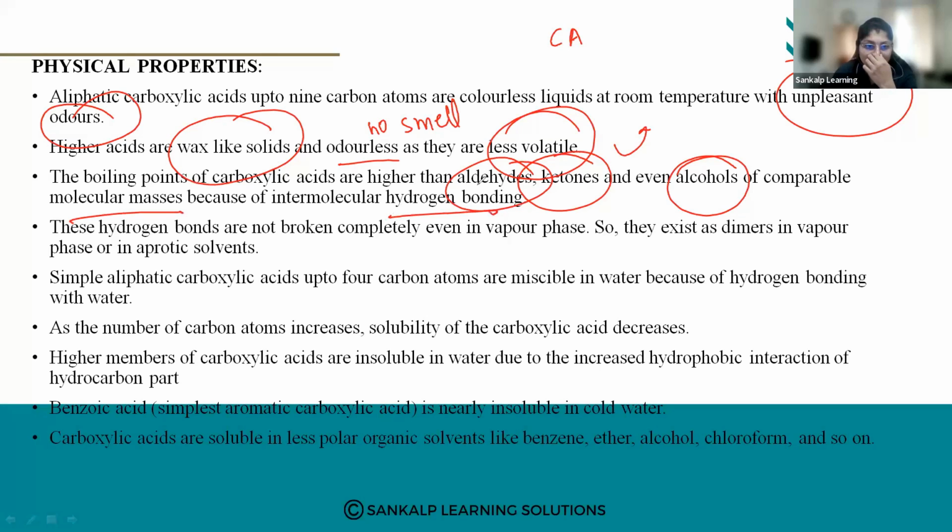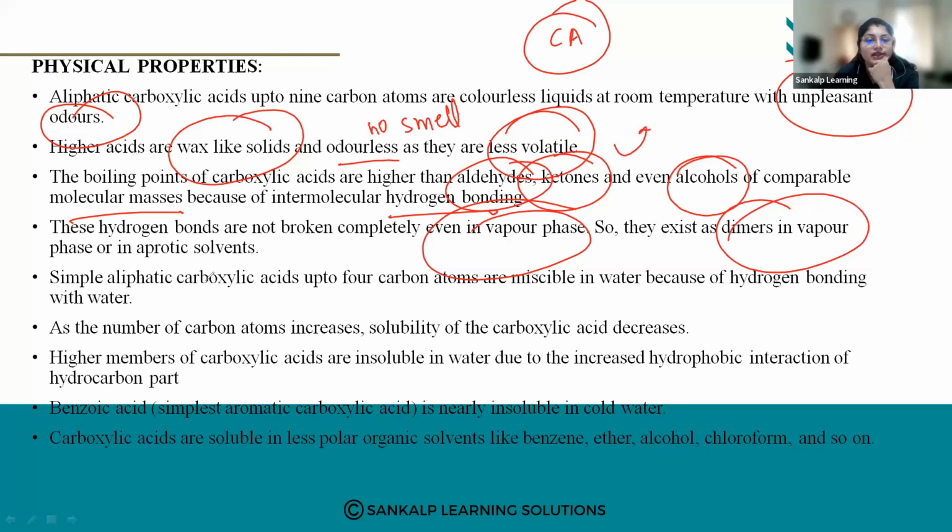These hydrogen bonds are not broken completely even in the vapor phase. So even in the vapor phase, these carboxylic acids do not break apart, and they exist as dimers.